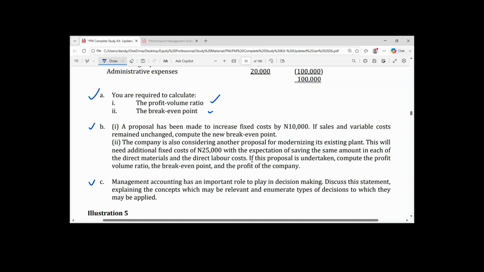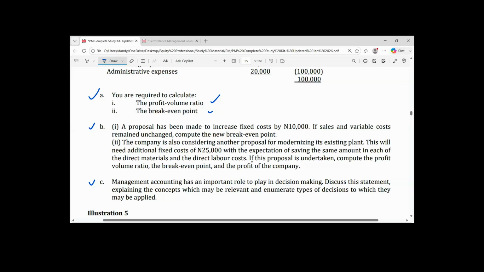All right, thank you very much. Yes, that is the question. In the A part, two things you are required to do. The first one is to calculate profit volume ratio. Remember, I told you earlier today that contribution margin ratio is also known as profit volume ratio.